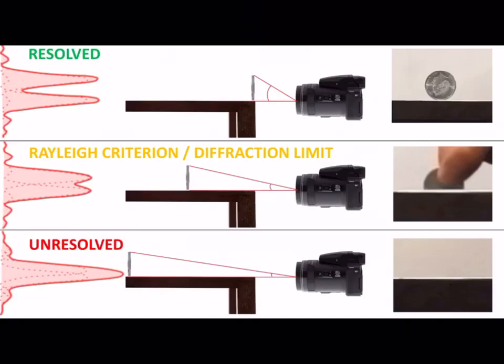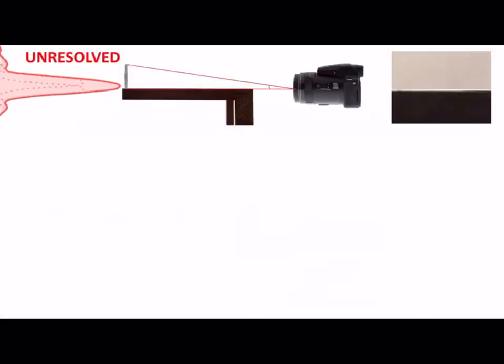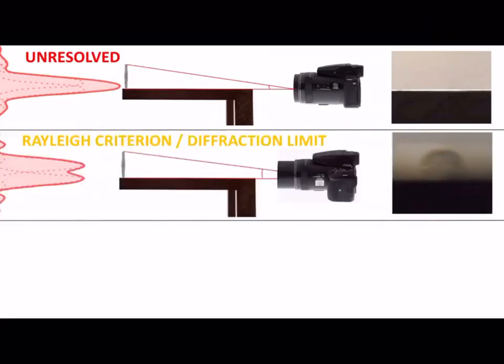And when you move the coin further away, it becomes fully unresolved. Now, as I said, 100% of the light from that coin is still reaching the camera. It's just unresolved. But when you zoom back in, you increase the focal length and you increase the angle at what you are viewing that object.